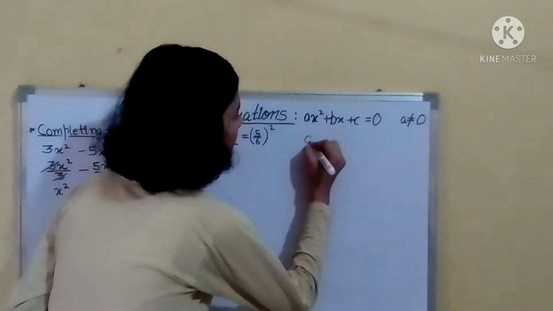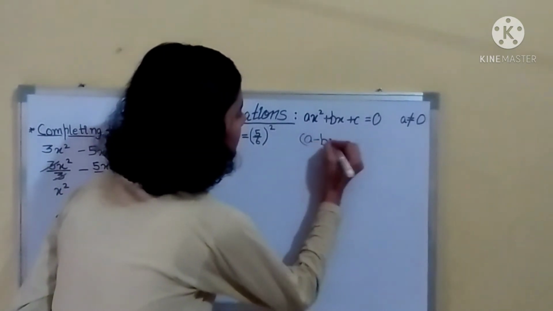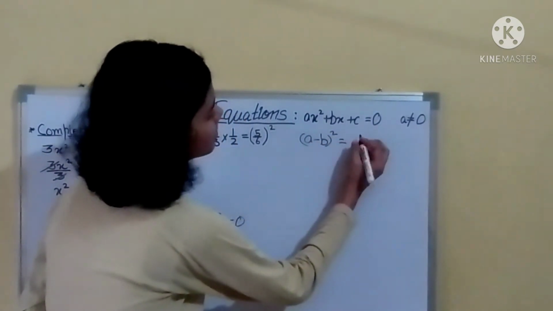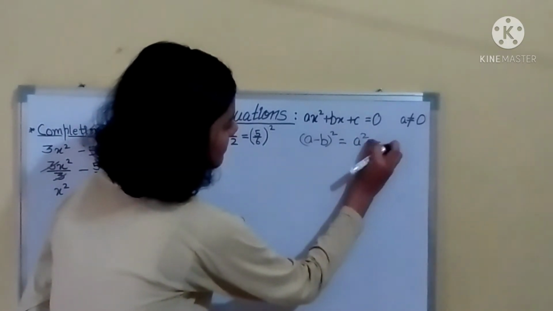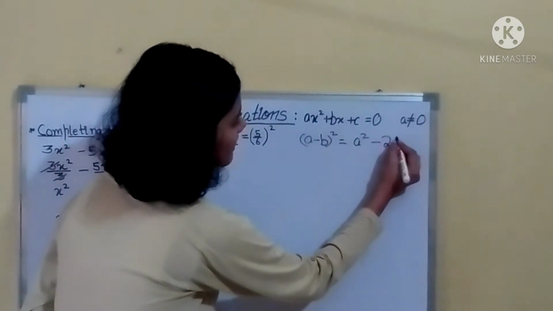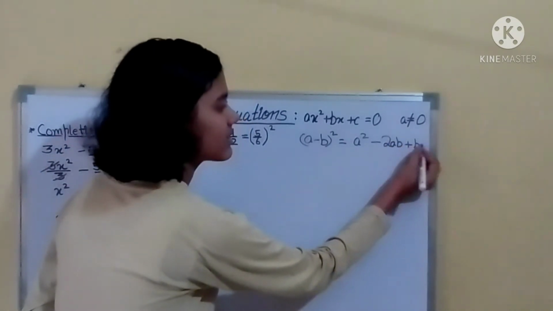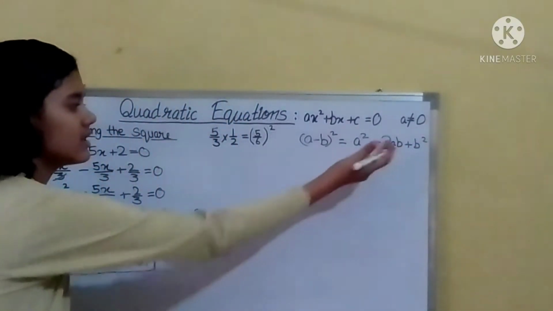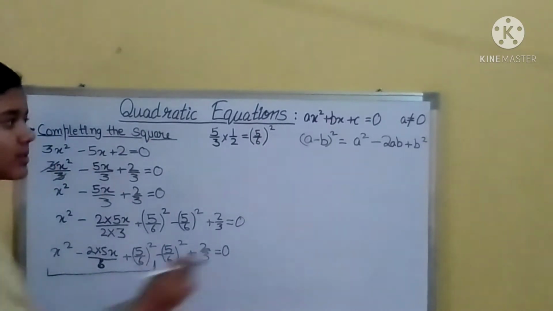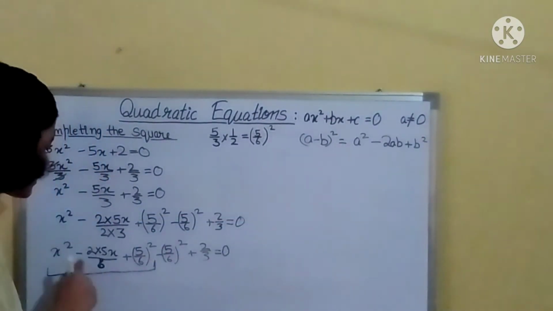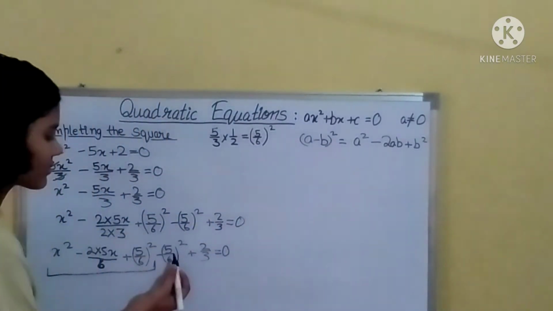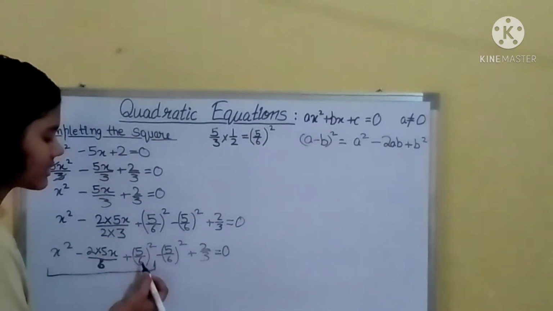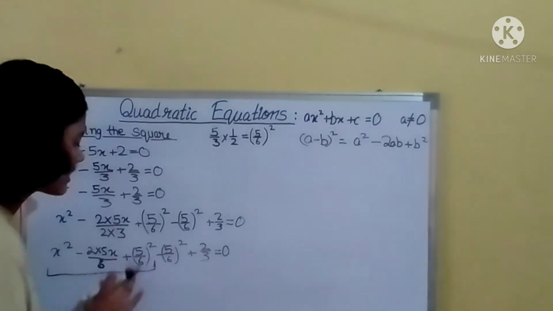So a minus b whole square is equal to a square minus 2ab plus b square, right? So a square is x square, minus 2ab is minus 2 into 5x upon 6, and b square is 5 upon 6 square.